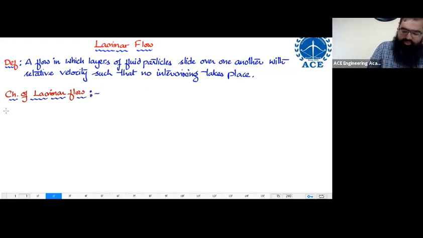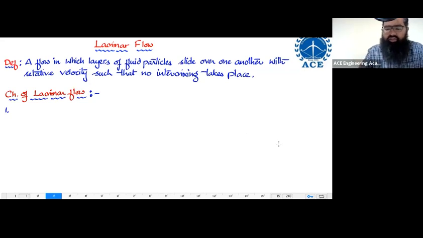The first characteristic of laminar flow we are going to have. Now you see, layers of fluid are not intermixing at all, or the fluid particles are not intermixing, due to domination of viscous forces. If viscous forces are significant or dominant, then laminar flow will take place. This can happen if the kinetic energy is less, and eventually the Reynolds number will be less.